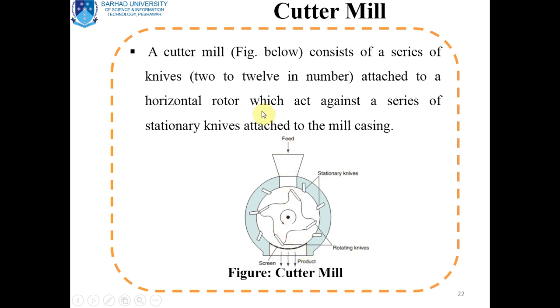The feed is introduced, and a cutter mill consists of a series of knives, 2 to 12 in number, attached to a horizontal rotor, which act against a series of stationary knives attached to the mill casing. The difference between the cutter and hammer mill is that in the cutter mill there are stationary knives and rotating knives, while in the hammer mill there is no concept of a stationary hammer.